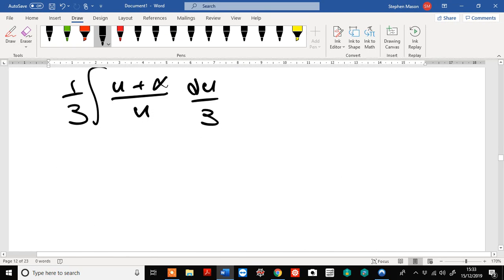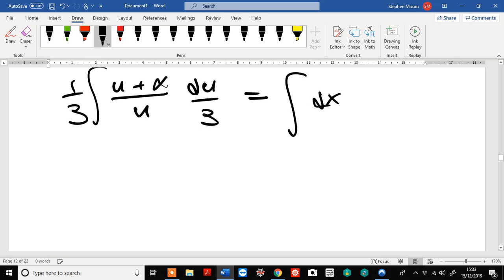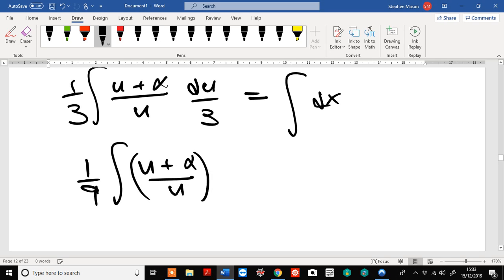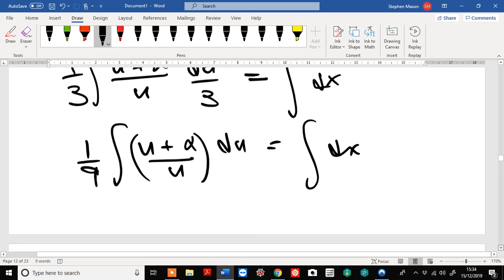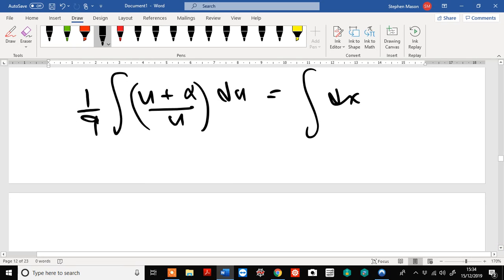I haven't made any mistakes. Yeah, so that's equal to the integral of dx. We can take this other third out, so we get 1 over 9 times the integral of u plus alpha over u du equal to dx.